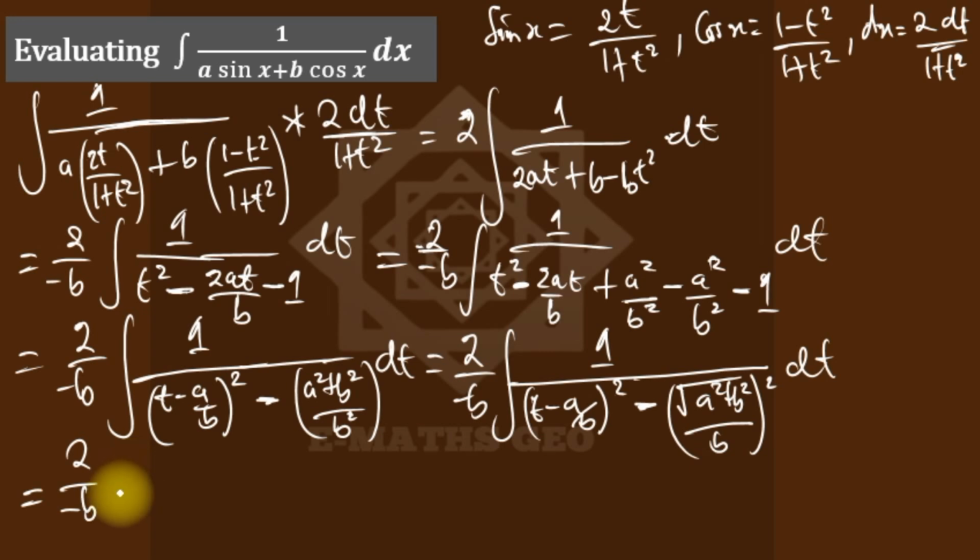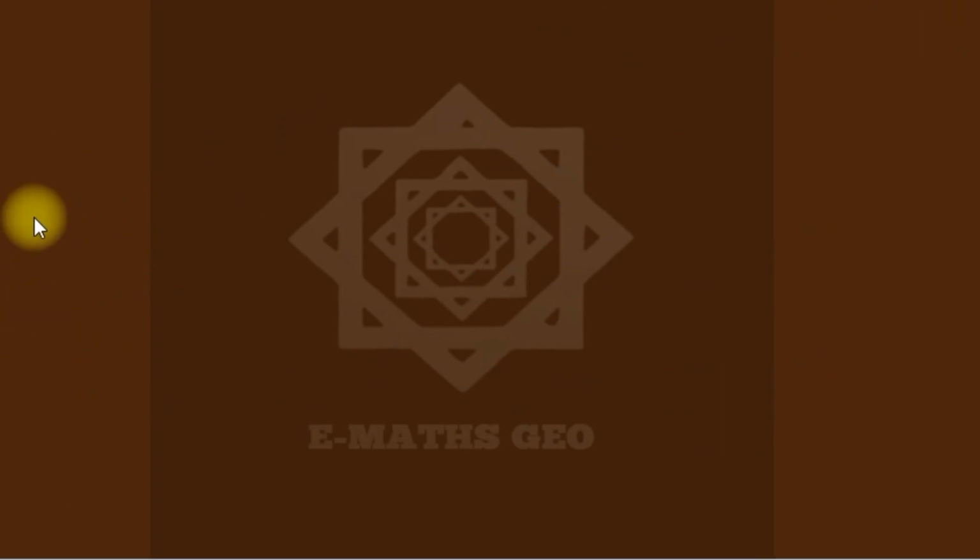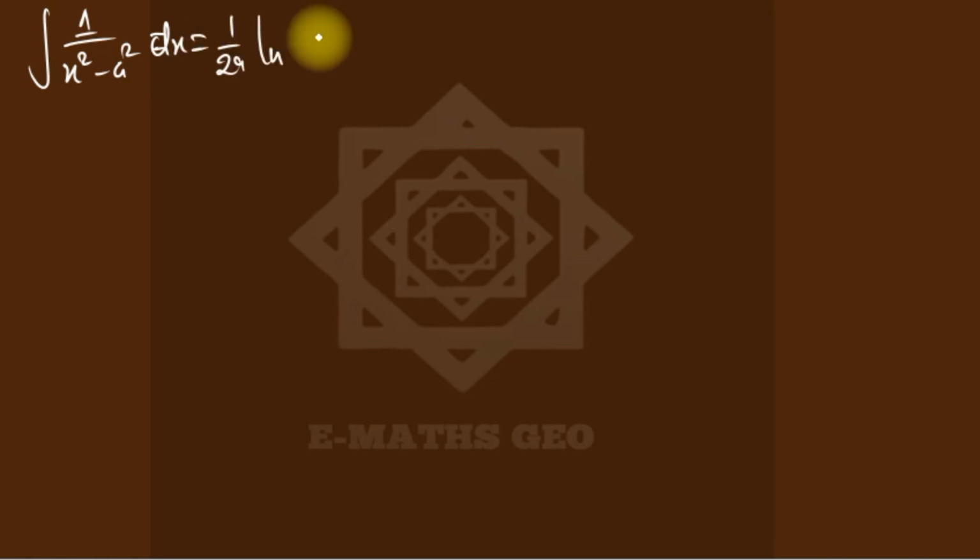Do you remember the form? The integral of 1 over x squared minus a squared dx is always 1 over 2a ln of x minus a over x plus a.